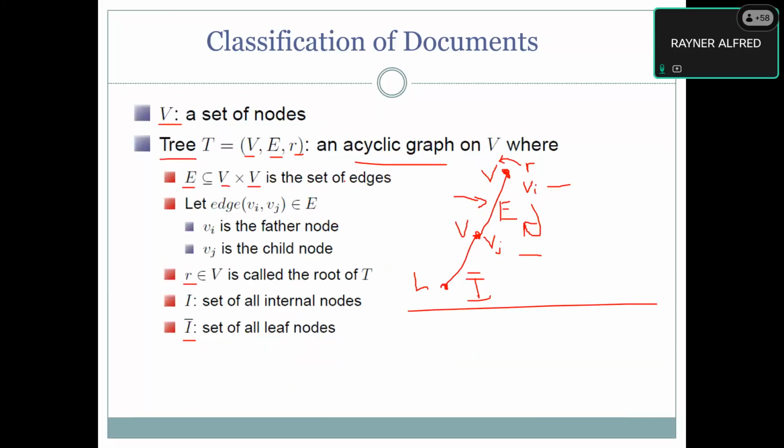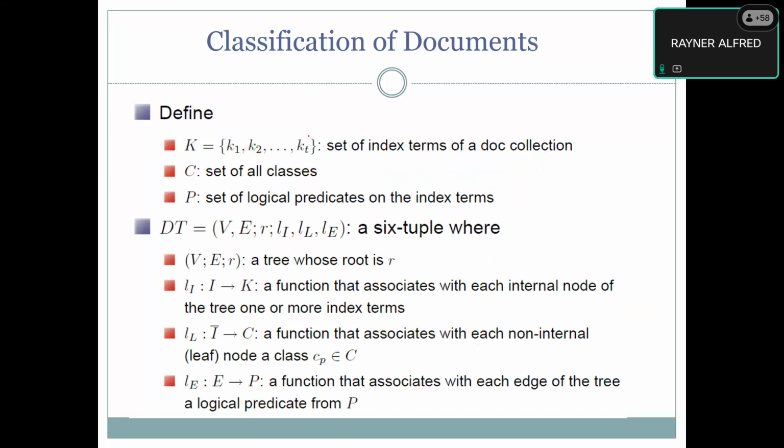We have a list of keywords, K1 up to KT, and we also have the predefined set of all classes, and we have a set of logical predicates of the index, whether they exist or not. Okay.